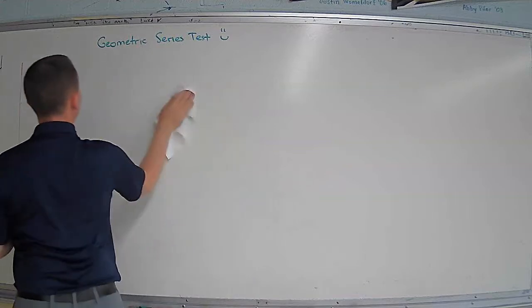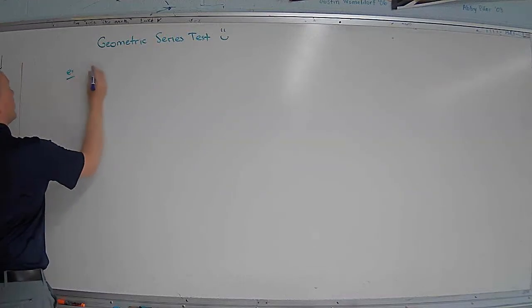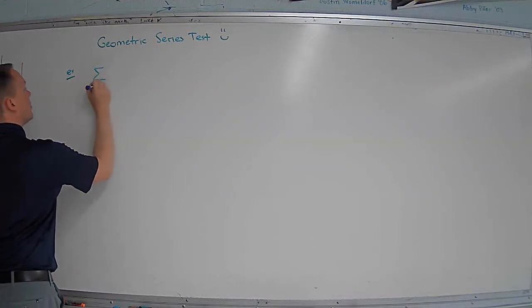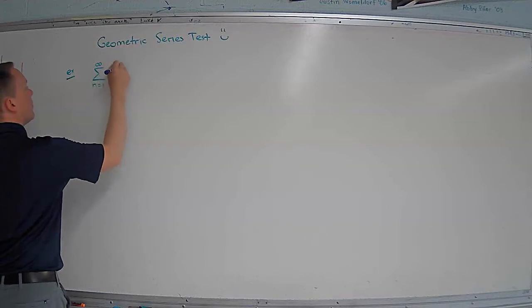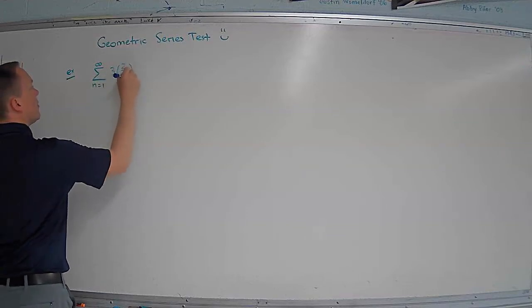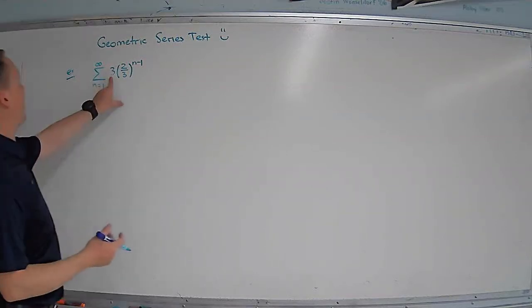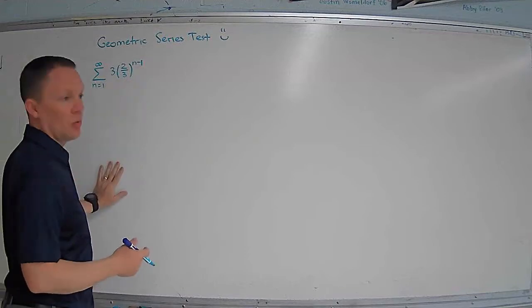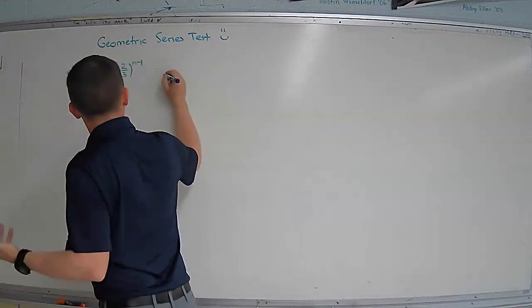Okay, here we go. Start off with a real easy one. Okay, so there's something that is literally in the form that I gave you. There's that a, there's r to the n minus 1. Okay? We could list out some terms if we want. We don't need to.